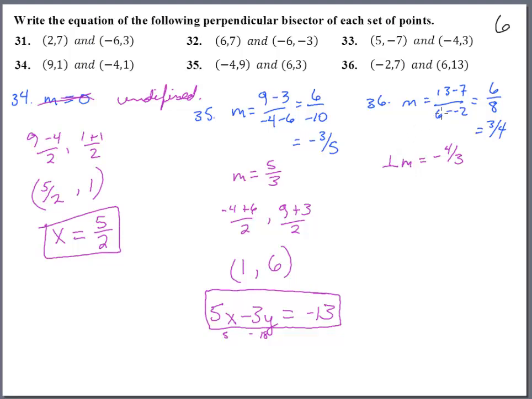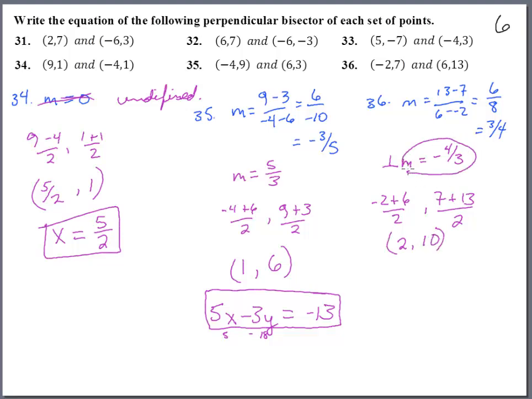Now we find the point that we need to go through, which has to be the midpoint of these two. Negative 2 plus 6 divided by 2, and 7 plus 13 divided by 2. So that'll be 4 divided by 2 is 2, and 20 divided by 2 is 10. So the point is (2, 10).